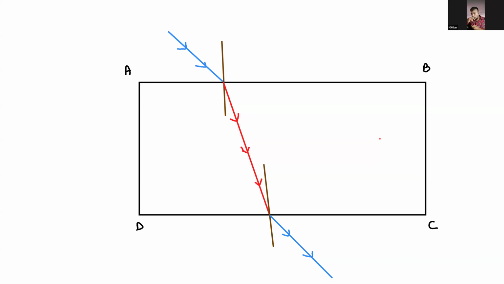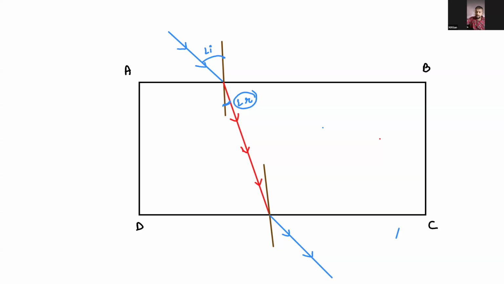See, the light which falls on the glass surface will create the incident angle with the normal. This is called angle I. Now this angle is called angle R, which is the refracted angle.